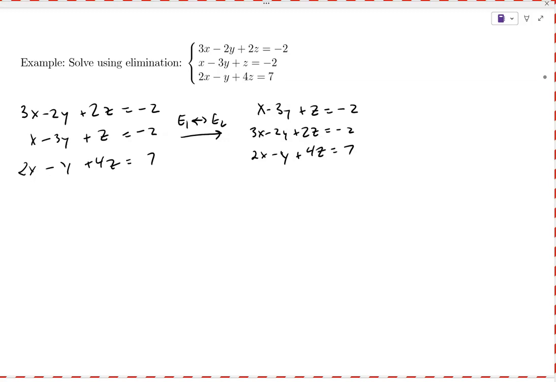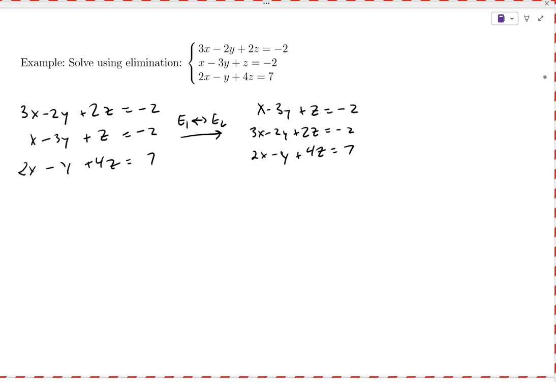So literally just flip-flopping the positions. So far, so good?